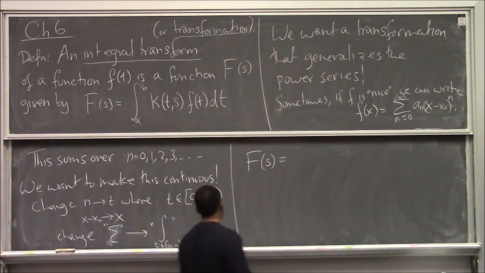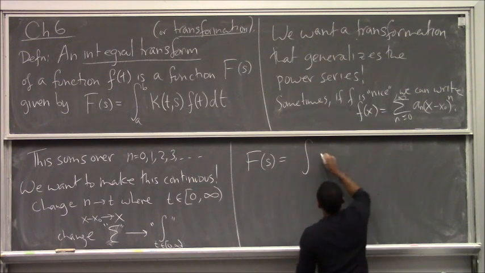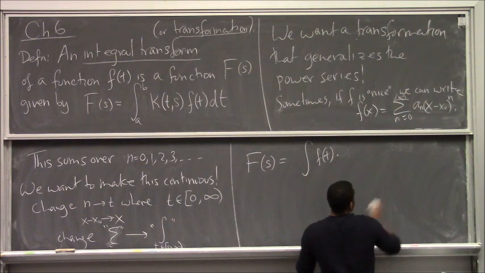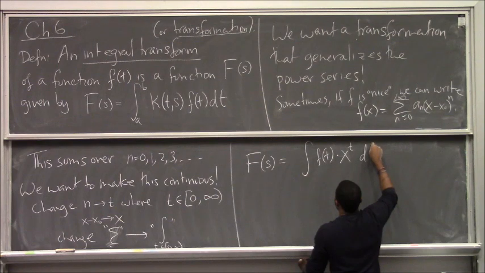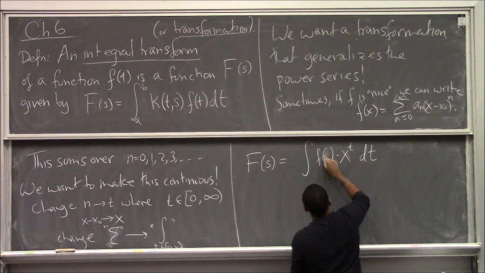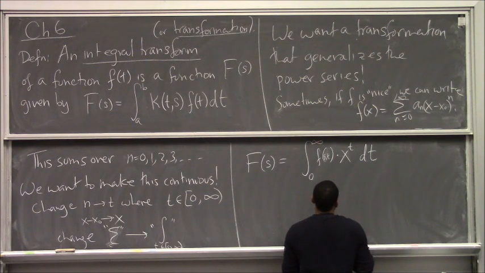And so basically now I want to sum over something that looks like this: f of t times some function. Well, my function here is going to be x to the t, dt. Okay, so now from 0 to infinity. So now I'm going to try to figure out what does this guy have to actually look like, f of t.